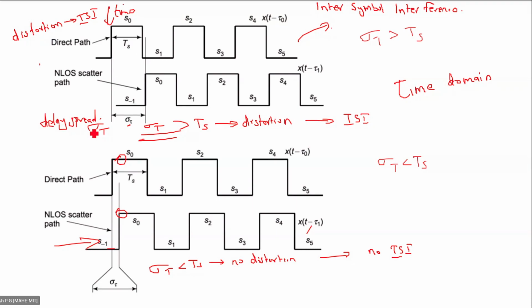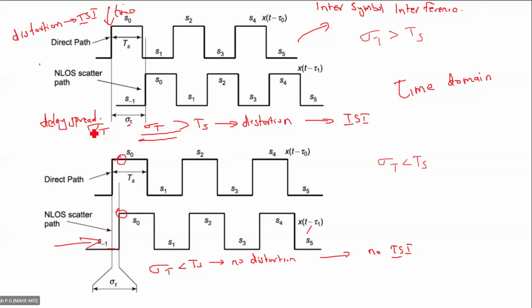Okay, so what is the problem here? See, if you see this diagram, what is the ill effect that is caused due to the delay in transmitting S0 here? Any idea? See, the question is, you have two paths.